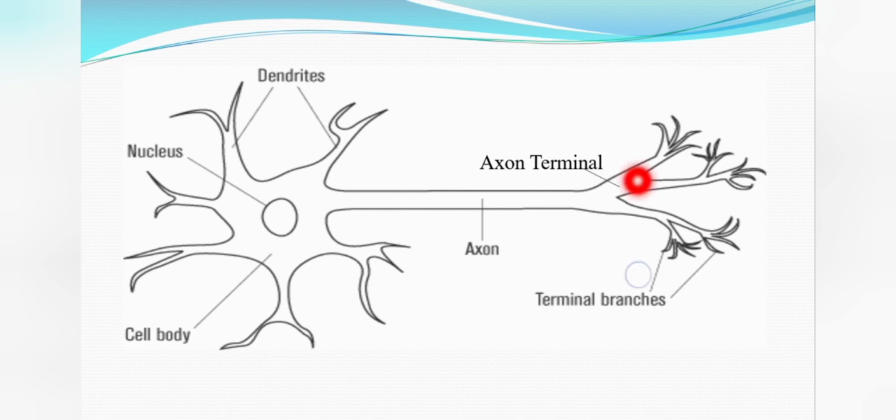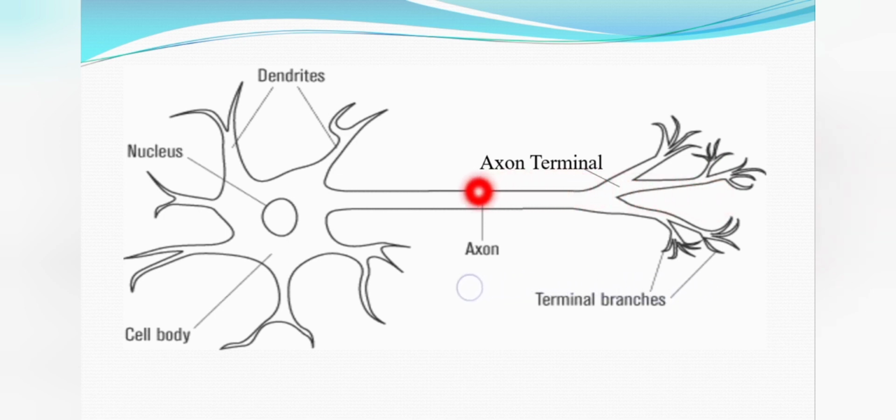The axon terminates in axon terminals, which are also called synaptic knobs or synaptic buttons, and basically these are the portions of the neuron which make connection with the next neuron, and synaptic transmission happens in the synapse. We will talk about that in the next video.